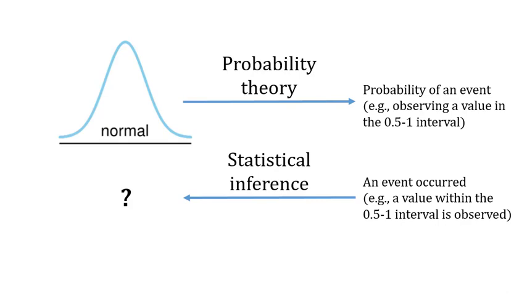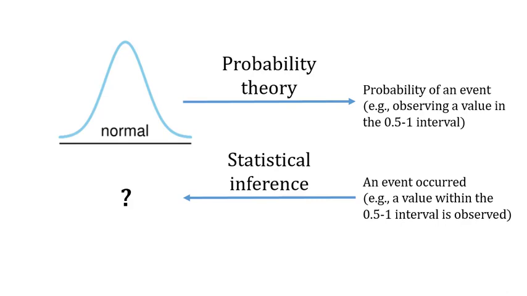Now, in statistical inference, we use probability theory, but in a different way. What we have in statistics is the actual data, that is, the event that occurred. For example, we observed a value between 0.5 and 1.